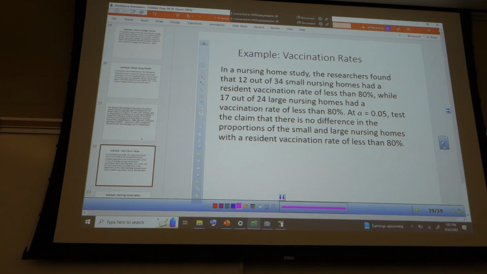It's in the proportions, it's a percent. It's out of something. Does that sort of make sense? There's an "out of," and there's no mean or standard deviation. Yep. No mean or SD.